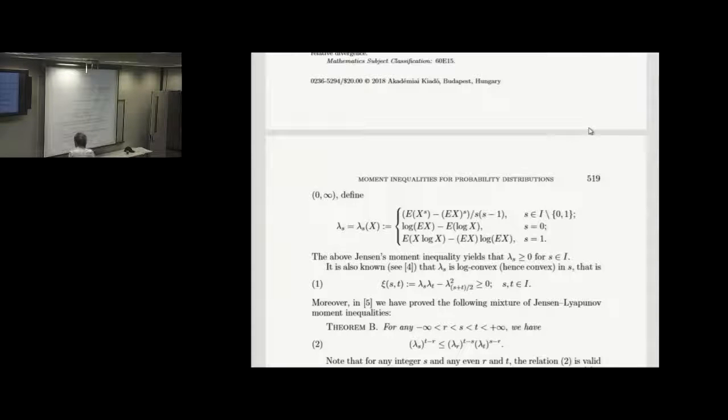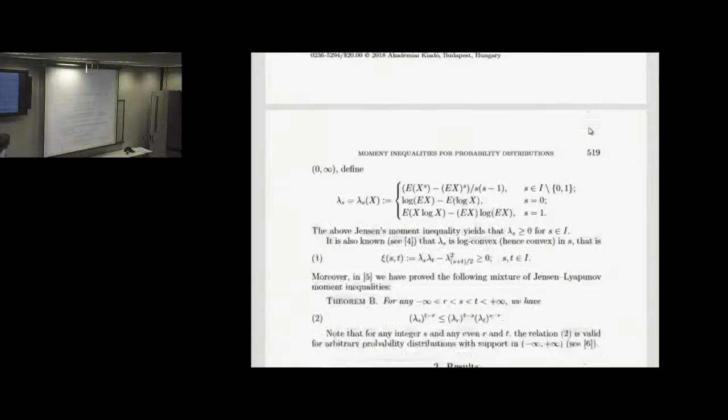More than that, in another paper, we proved that if R and T are even natural numbers, and S is an integer between them, then this inequality takes place for all probability distributions, which could be negative also.